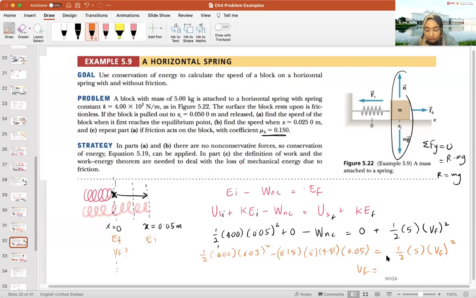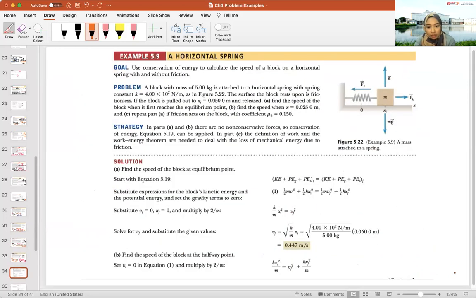Okay, 400 times 0.05 squared divided by 2 minus with 0.15 times 5 times 9.81 times with 0.05 times 2 divided by 5 square root 0.22, 0.23 meter per second.